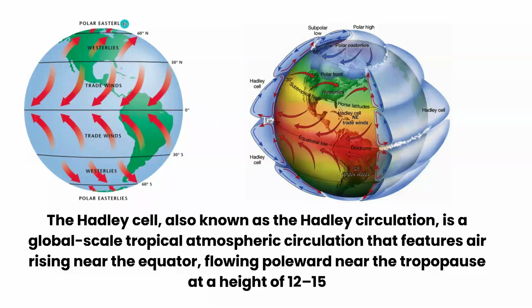Polar easterlies in the north, in the polar region. Westerlies blow from tropics towards poles. Here also westerlies, they blow towards pole, south pole. In the north, northwestern polar westerlies. Trade winds, they blow towards equator.